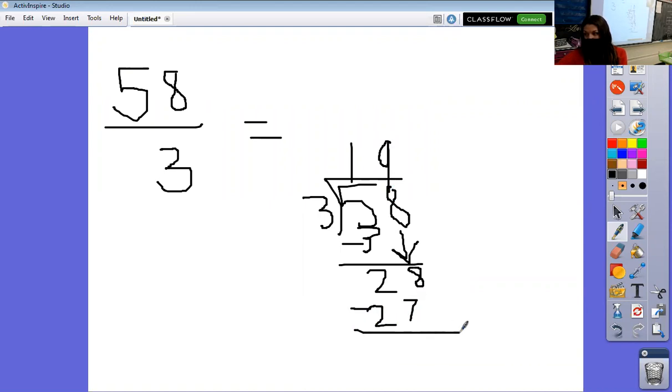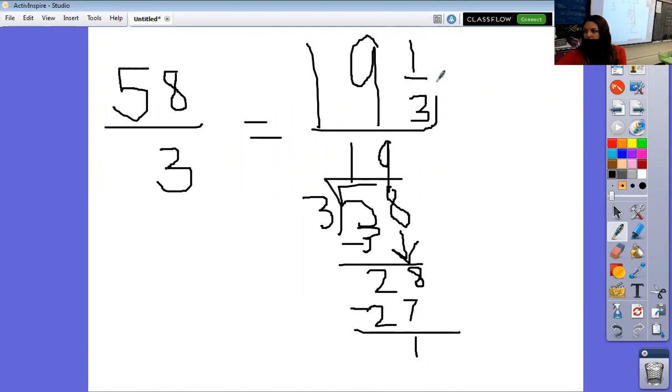But how many leftovers? 1. So you should have 19, but don't forget about your remainder. 1/3. 19 and 1 left over. 1 what? 1/3 is left over.